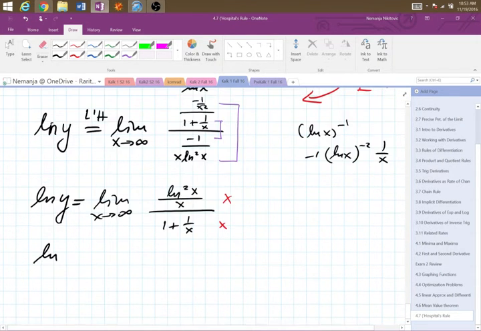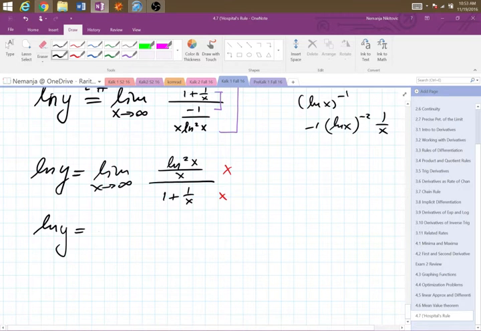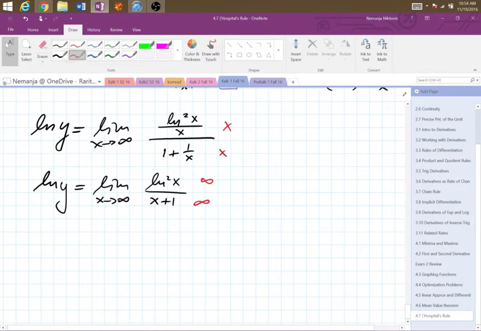Ln y is equal to the limit x goes to infinity, and then I have ln squared x over x plus 1. And now you try to use the infinity, you get infinity over infinity, which means L'Hopital again.